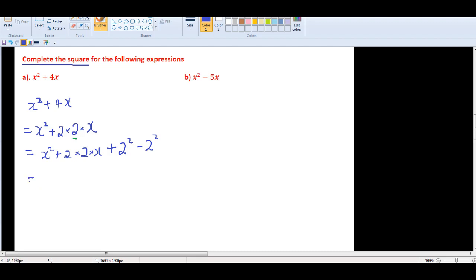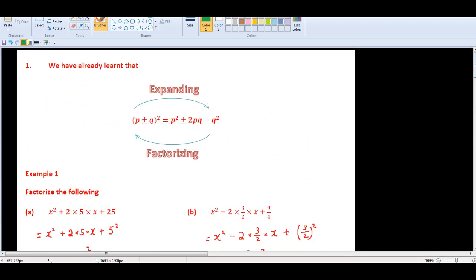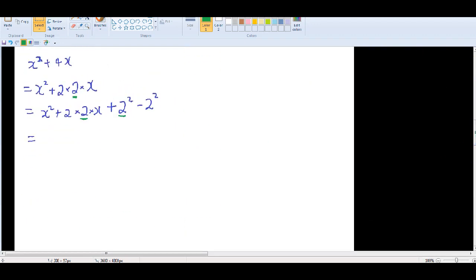And how come I get that 2? Because of this 2. So the first 3 terms will look like the things here. Remember this identity? I copy it here again to make sure you can see the connection. If you've got p squared plus 2pq plus q squared, then you can factorize into a complete square.